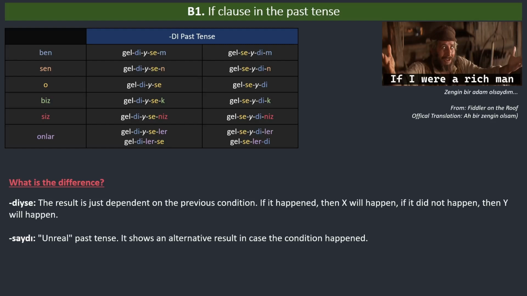gelseydim. We will go with the second part of this. Gelseydim, yapsaydım, o gelseydi, yapsaydı, baksaydı. Like, if I, mesela eğer bunu bilseydim okula gitmezdim. If I knew this, I wouldn't go to school.